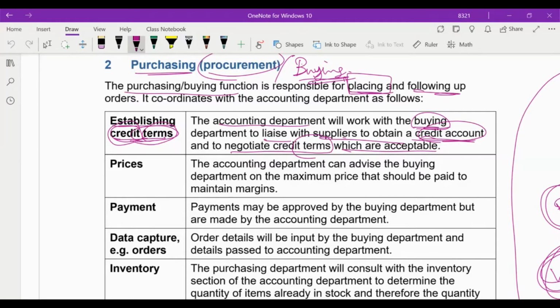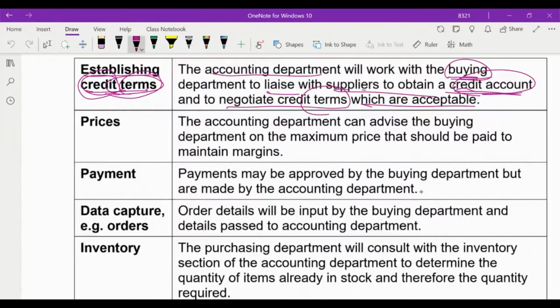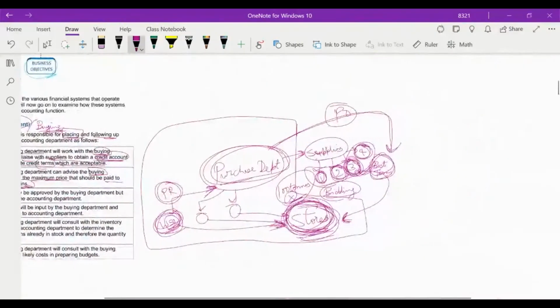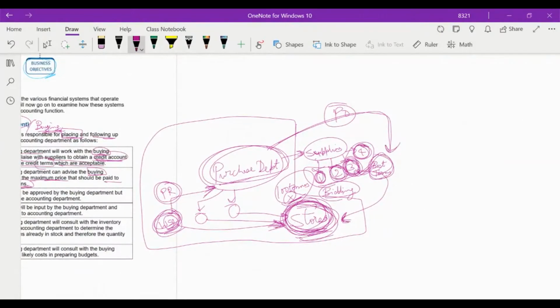Okay. Second thing is prices. The accounting department can advise the buying department on the maximum price that should be paid to maintain margins. Now, what is this? The accounting department should have an idea of how much the raw material is costing us. So generally how it is done, see, all these 4 suppliers need not necessarily be giving us the best price. So we usually reverse work our cost.